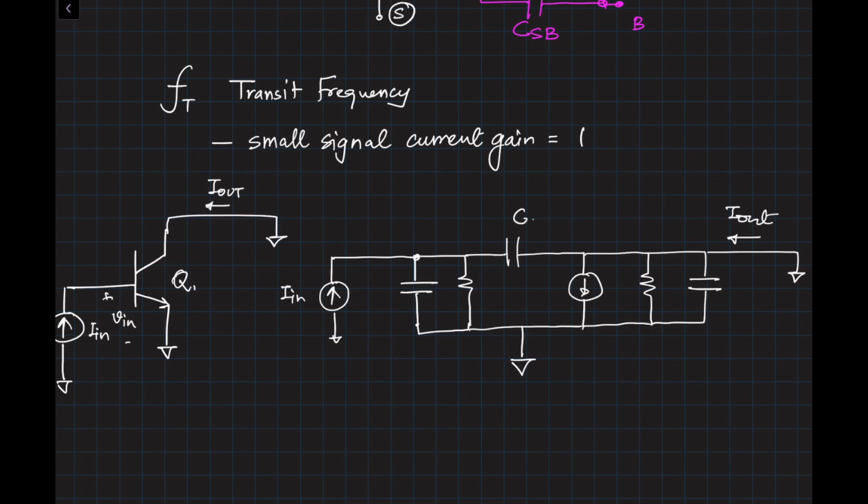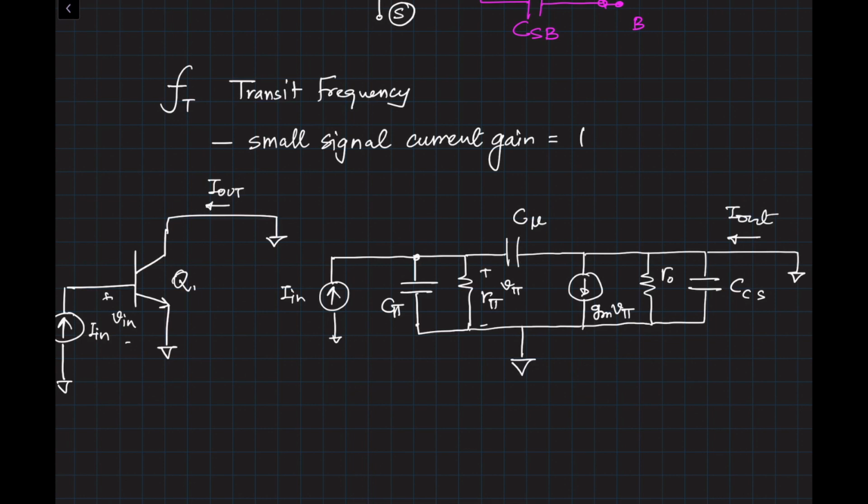I will just write a few values: C pi, R pi, and this is your gm V pi, plus minus V pi, Rout, and CCS. So there are 3 new capacitances we added. Here we can do KCL, KVL, and figure out what the value of current gain Iout divided by Iin is.